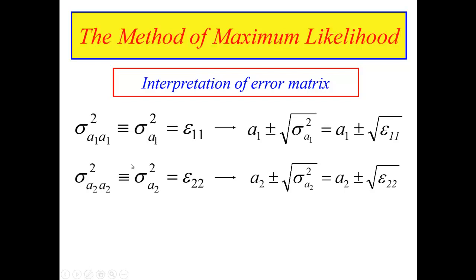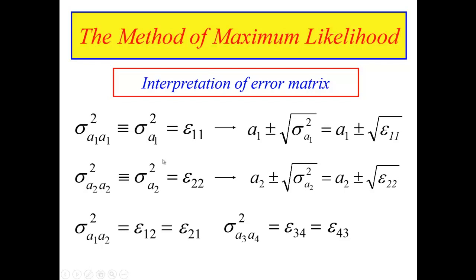If we take the square roots of epsilon 1,1 and 2,2, those will give us the error in that particular fit parameter, a_1 or a_2. The off-diagonal terms in that matrix, the epsilon 1,2s or the epsilon 3,4s, give us the covariance terms that we need in order to calculate the variance in our value y for a particular value of x.